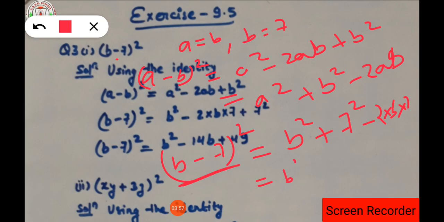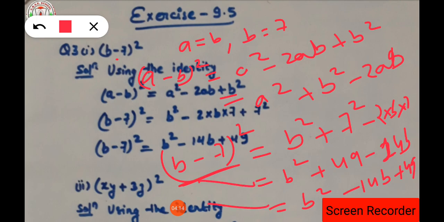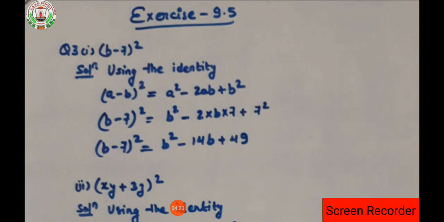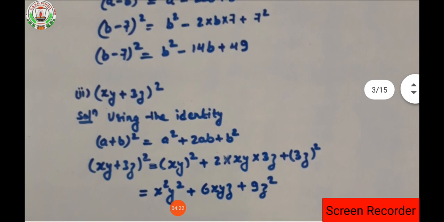So it will be b square plus 49 minus how much will it be? 2 into 7 is 14b. The answer can also be written as b square minus 14b plus 49. So both ways of writing the answer are correct, as well as both ways of writing the formula. Clear?